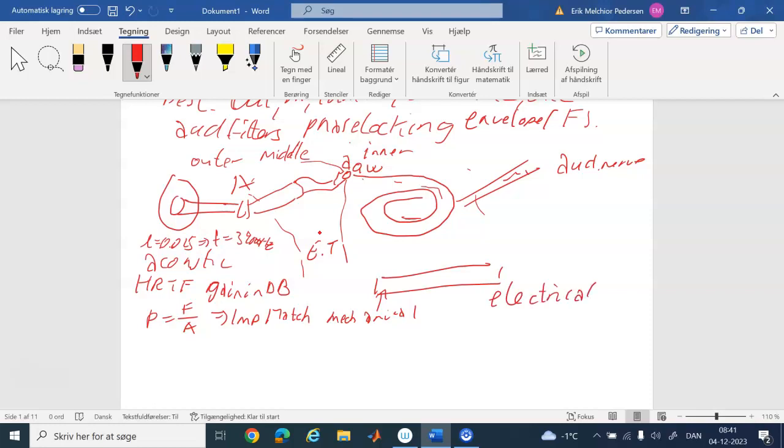In the basilar membrane there's a frequency selectivity going on at each place. Each frequency has a certain place in the basilar membrane, roughly said. The base is stiff and has high frequencies, and here low frequencies.